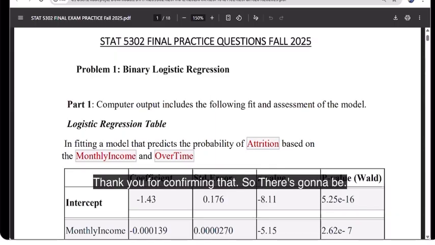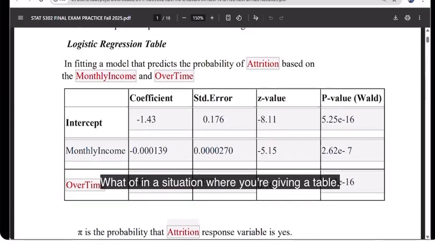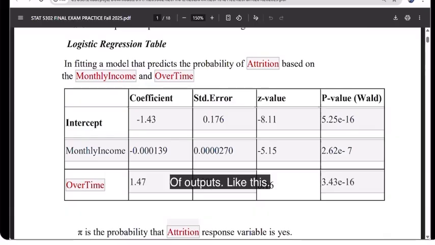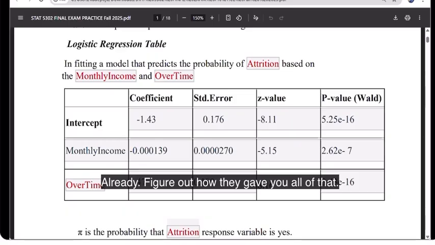There's going to be a question from the area of binary logistic regression, where you're given a table of outputs like this: you have the coefficient, the standard error, the z value, and the p value already figured out.